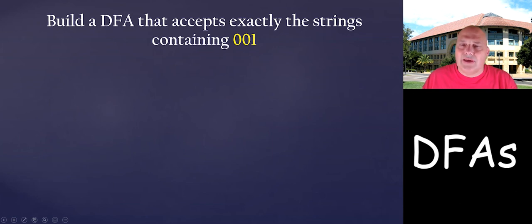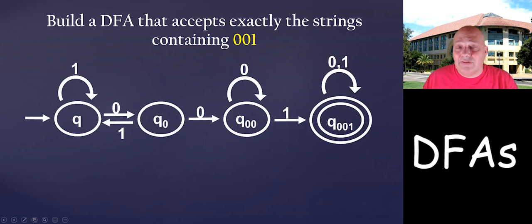We will build it using this DFA that has 4 states. And these 4 states are trying to look for the string 001. And once you see the entire string 001, you will be in a dead end, which is accept. So once you see 001, you will just continue there.